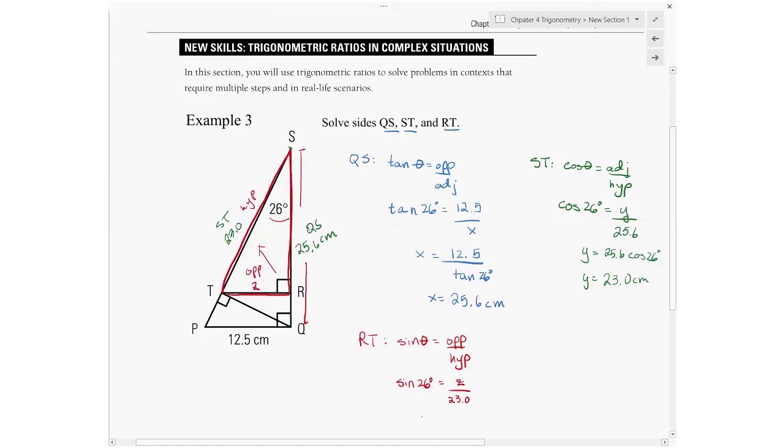And now it's a multiplication, so Z is equal to 23.0 times the sine of 26 degrees. And Z is equal to 23 times the sine of 26. And I get 10.1. So there we have RT is 10.1.